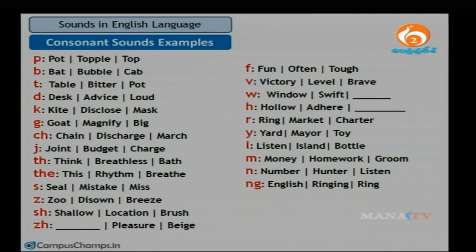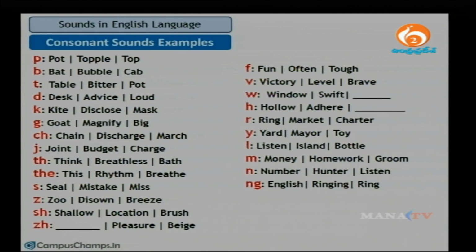F: fur, fun, often, tough. V: victory, level, brave. W: window, swift. H: hollow, adhere. R: ring, market, charter.